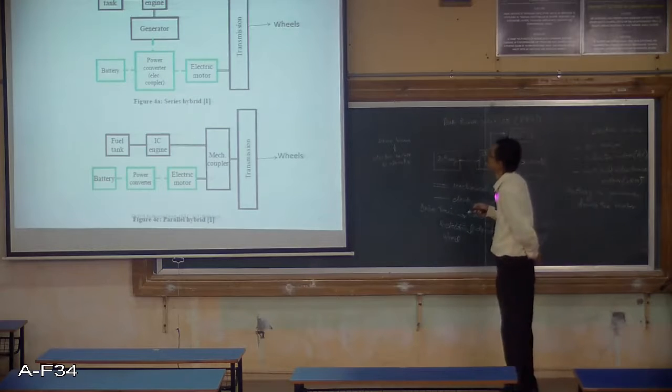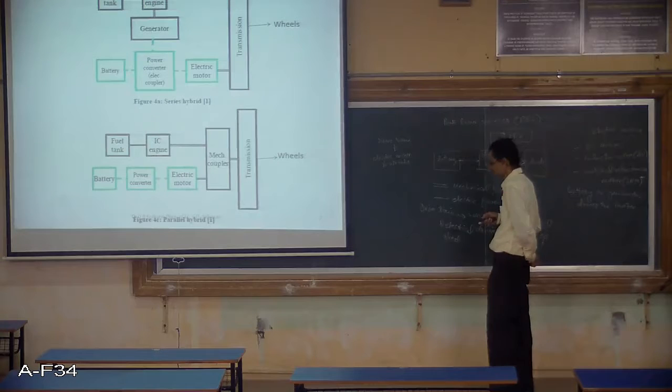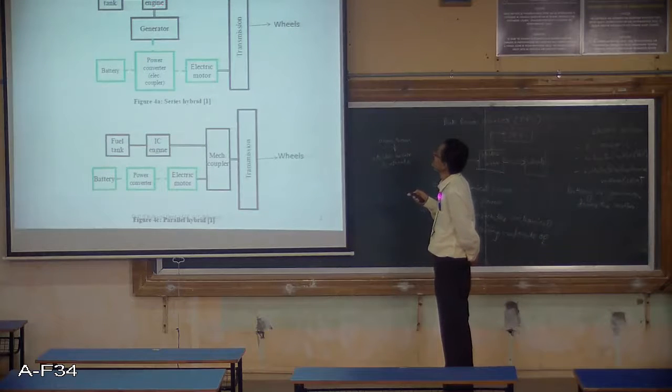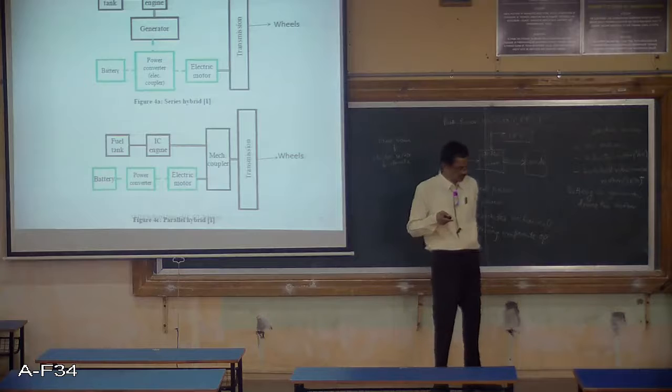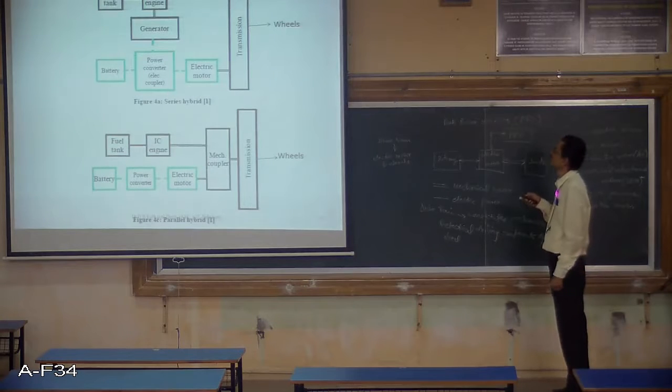And here in the other case, suppose if you have a parallel hybrid, you can see the arrangement is different. In series hybrid, as you can see here, this IC engine is nothing but internal combustion engine. This internal combustion engine produces mechanical power, burning the fuel in the cylinder, and this will produce the required mechanical power, which converts into electric power by using this generator.